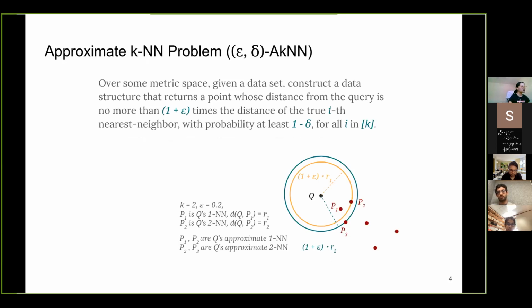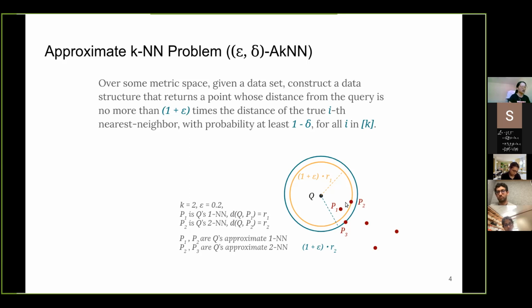Now we define the approximate KNN problem, or epsilon-delta AKNN here, and it is defined as in this figure. Suppose k equals 2 and say epsilon equals 0.2. And suppose P1 is Q's 1-NN and the distance between Q and P1 is R1, which is within the radius of the orange circle.